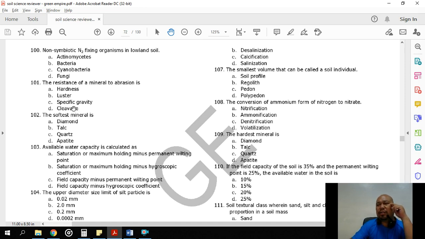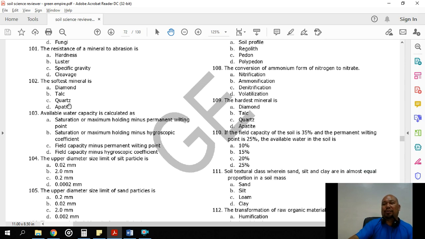Cleavage, I'm not sure about this, but it has something to do with the general directions of crystallization. These characteristics are used to describe or characterize a certain mineral. Softest mineral: diamond, talc, quartz, apatite. Oh, I'm pretty sure of this. This is talc. It's powdery. The hardness of diamond is the highest.